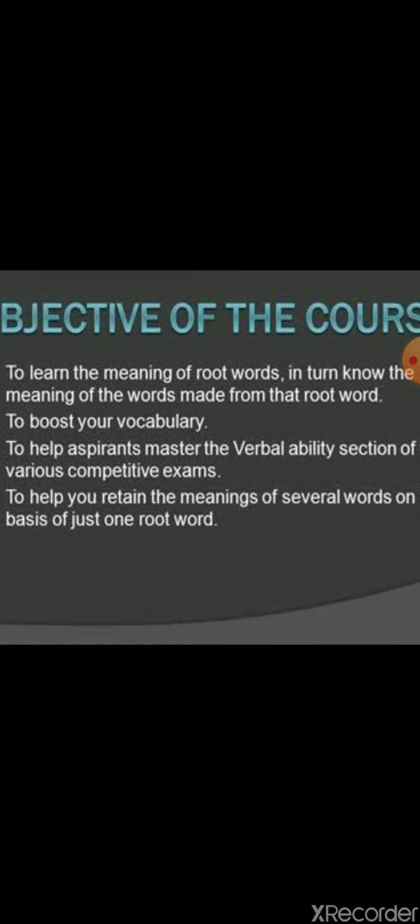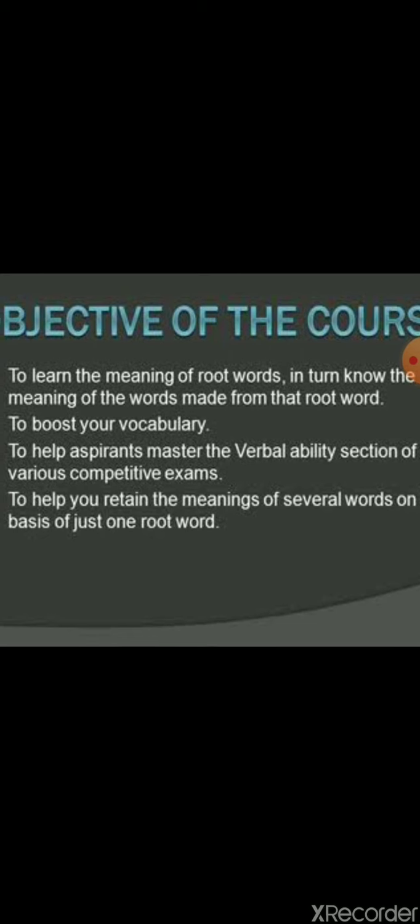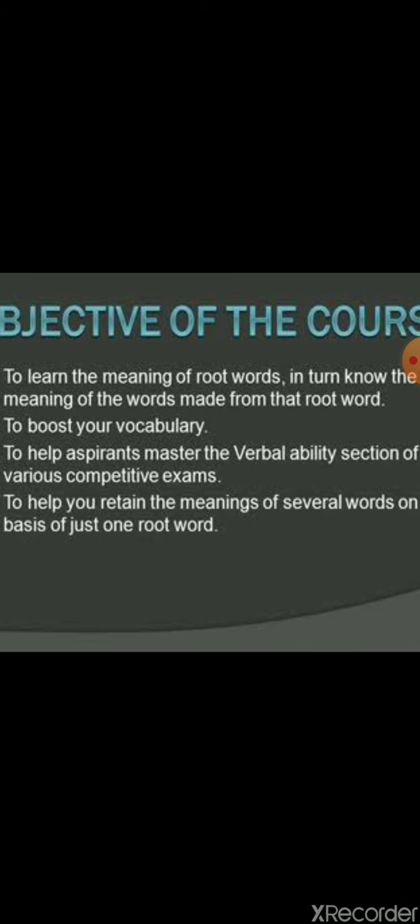If we talk about the objective of the course which I started 3 days ago, about your vocabulary building and the question of verbal ability, the objective I am sharing with you is to learn the meaning of the root words, and in turn the meaning of the words made from that root word.